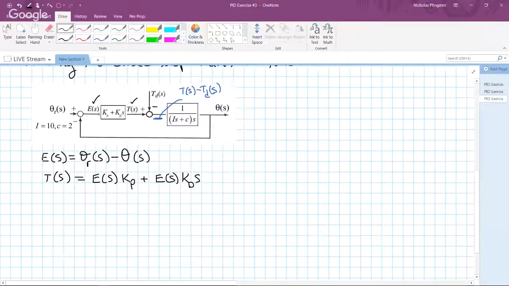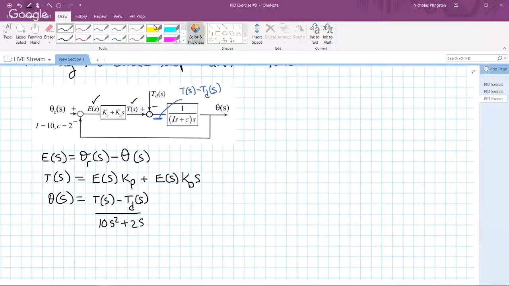which is going to give us theta. Theta of s is equal to capital T of s minus T sub d of s all over, well, it's going to be 10s squared plus 2s.